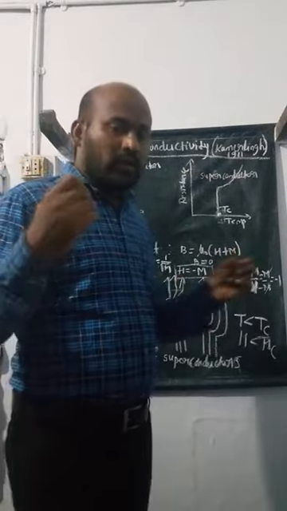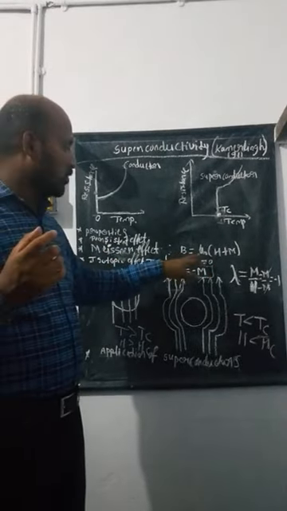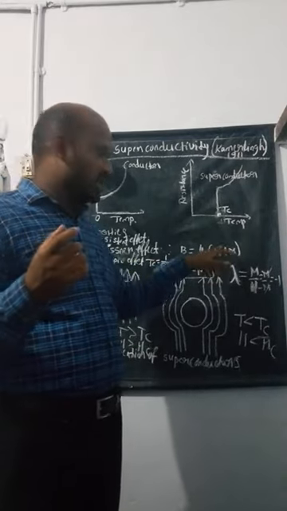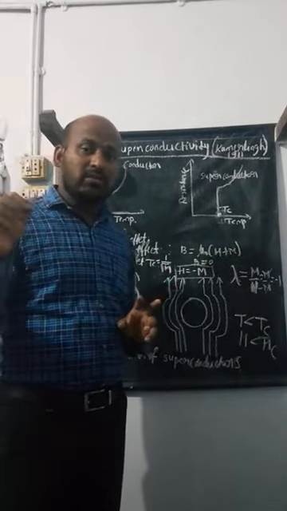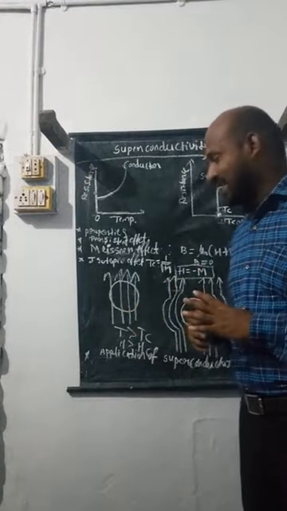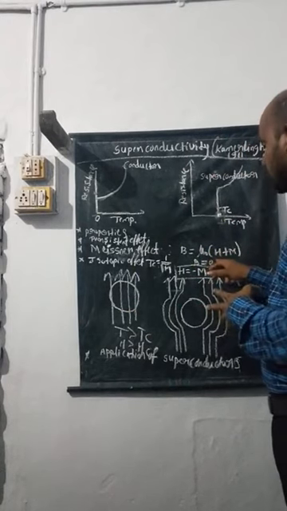There is one relation in this topic: B, the magnetic field, is equal to mu naught times (H plus M). H is the magnetic intensity and M is the magnetization. Susceptibility is the ratio of magnetization to magnetic intensity. Inside a superconductor there is no magnetic field, so B is equal to 0.